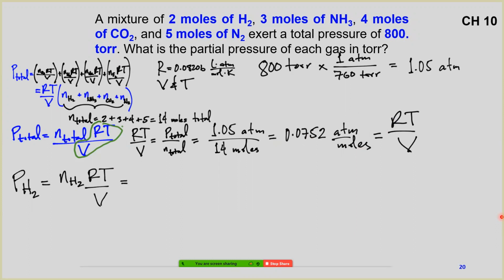So all you have to do is multiply the number of moles of H2, which is 2 moles, times RT over V, which is 0.0752 atm per mole. All right, so moles would cancel out.